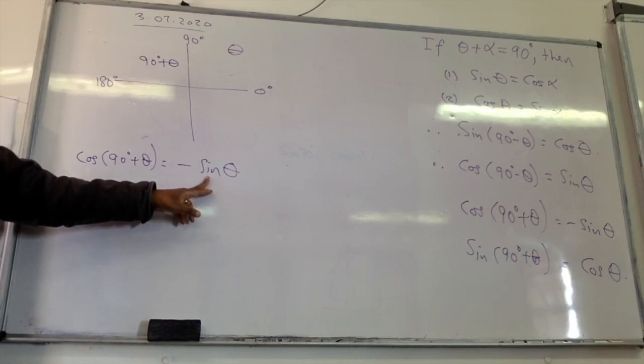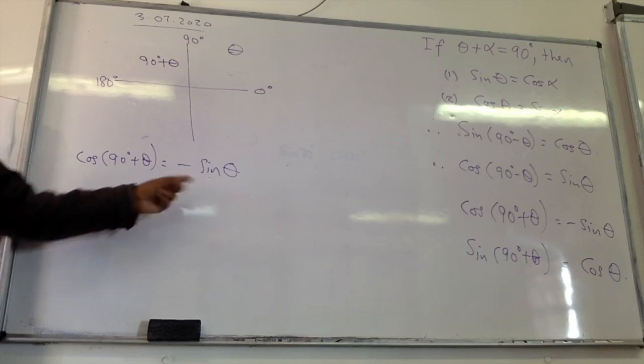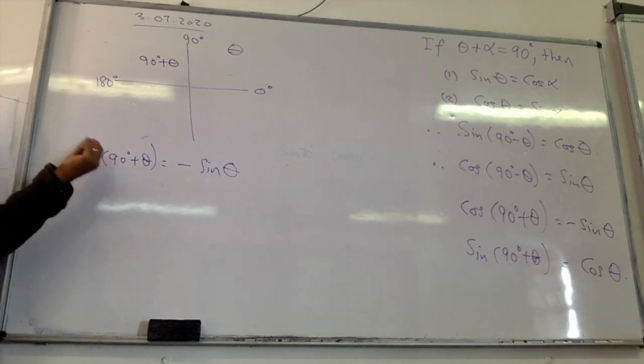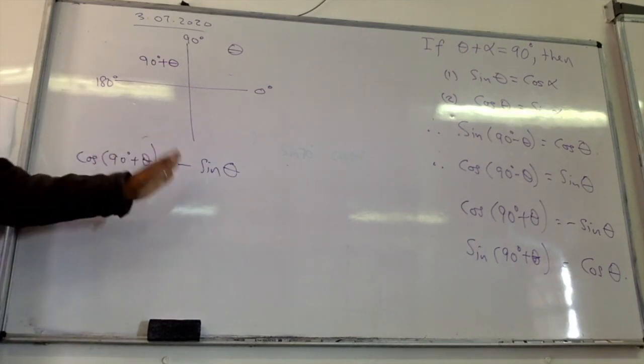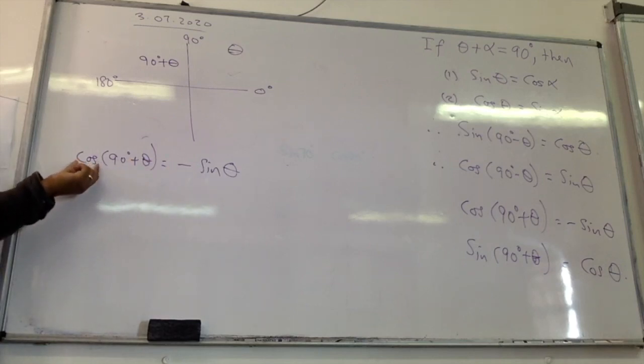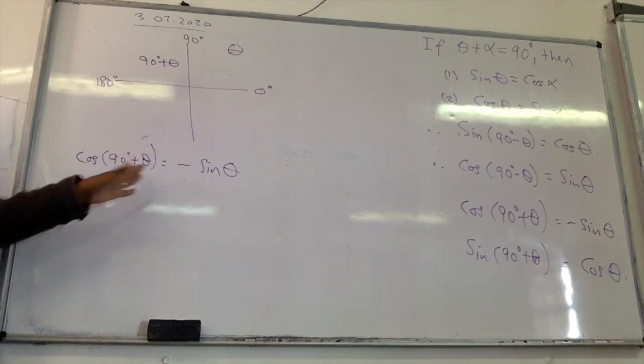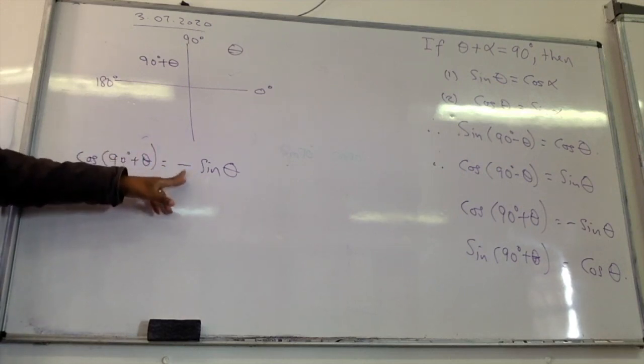The 90. The clue is the 90, right? When you see the 90, or the 270, think about cofunctions. If it's cosine and there's a 90 there, then you know that that cosine should change to sine. But work out the sign. Work out whether it's positive or negative.